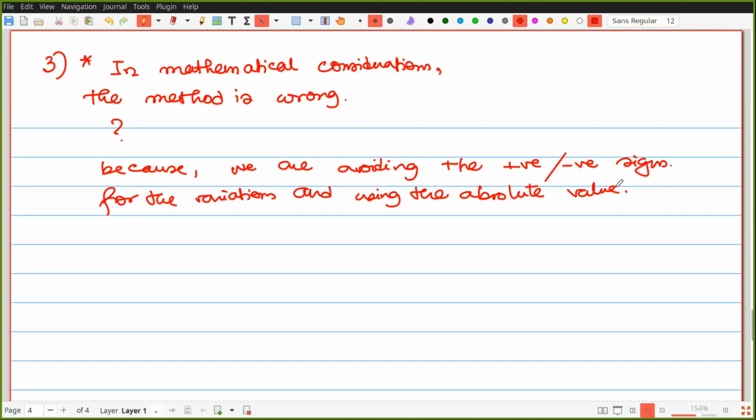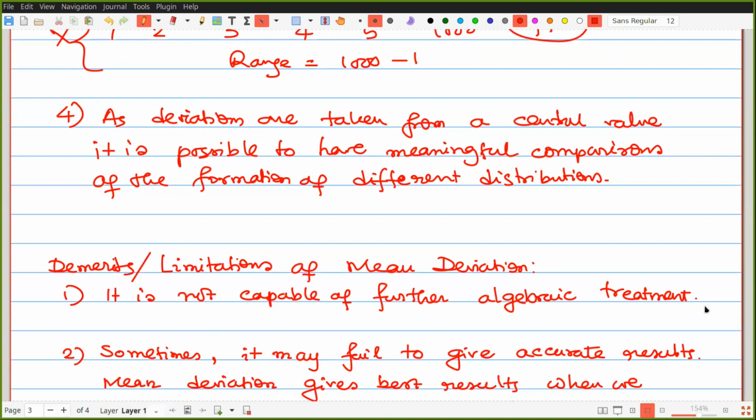But in the mathematical aspect, from the angle of calculations, as we are not using the plus sign or the minus sign of the deviations, the method is giving us some wrong conception. So those are the practical examples with some merits and demerits of mean deviation.